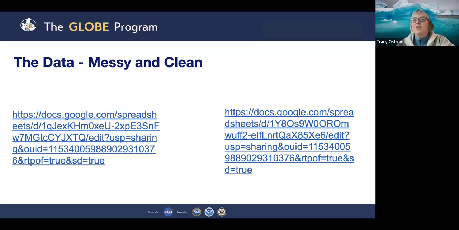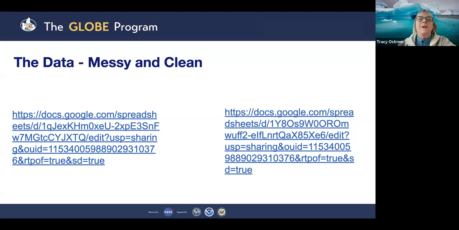And just real quickly, how many data entries do we have that you can see in this messy data? Yeah, 5,601. Oh my gosh, how am I going to get my head around that?